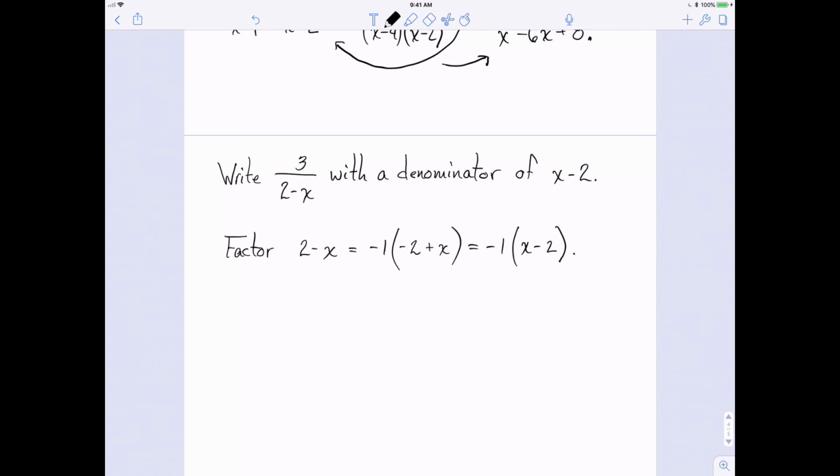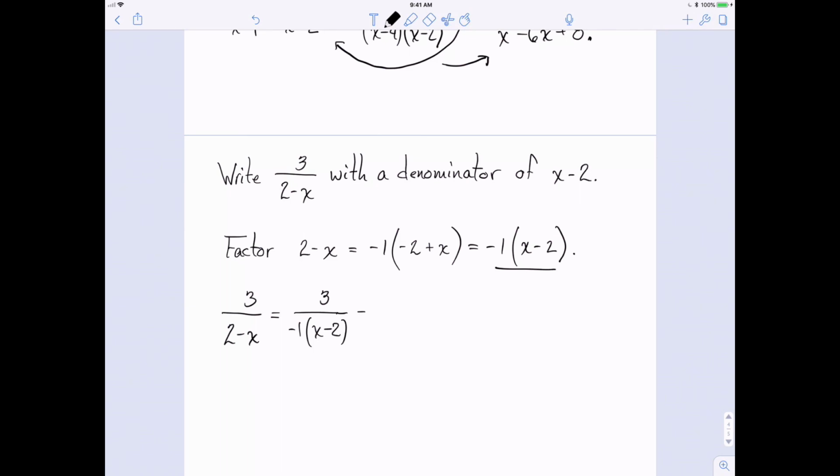In other words, the fraction already has the desired end denominator. So let's see how this works. This is 3 over 2 minus x. That's where we begin. Now, let's use our end result here. So this becomes 3 over -1 times x minus 2.